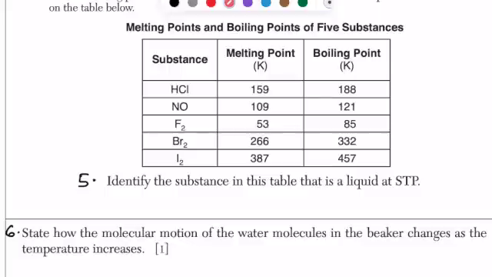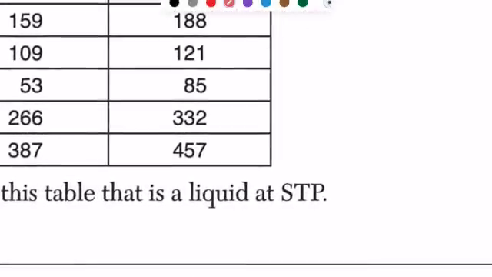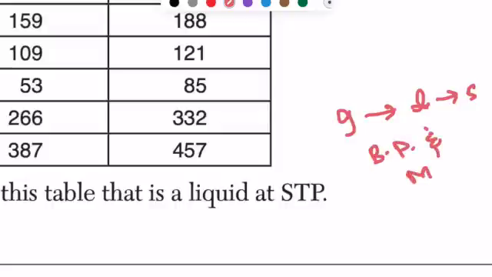What you do need to know, however, is that as the particles come closer together, their melting and boiling points increase, because then it's harder to separate the particles to change their phase, or to break the intermolecular forces to change the phase. So when we go from gas to liquid to solid, the boiling point and melting point increase.